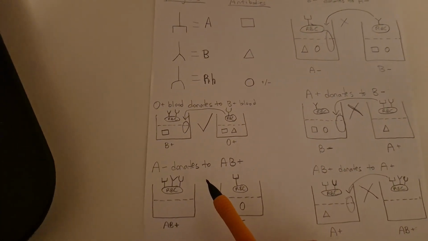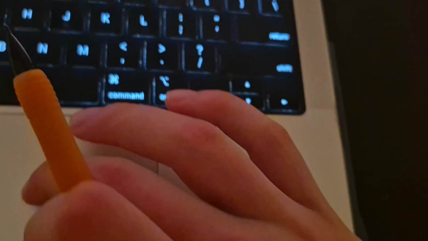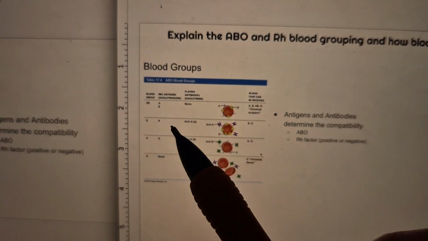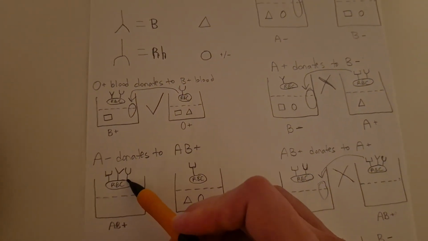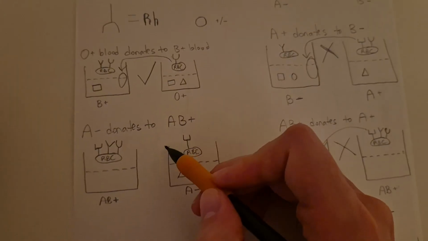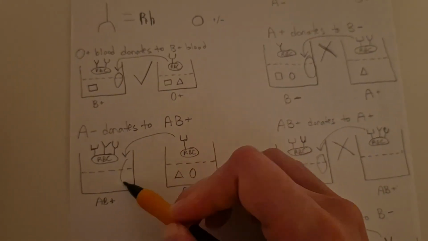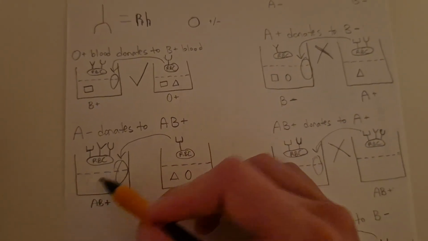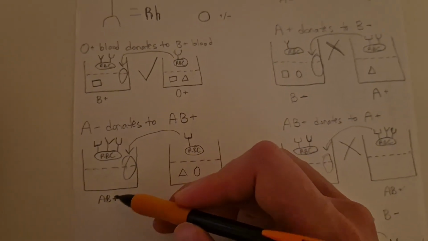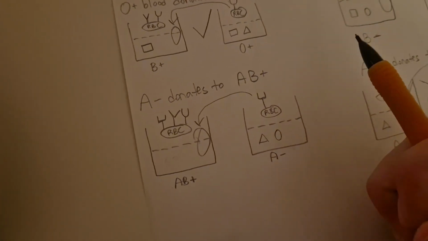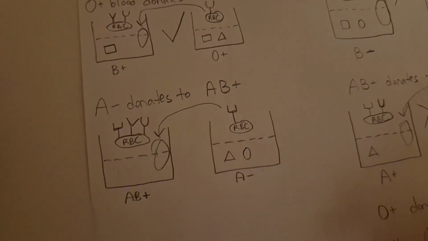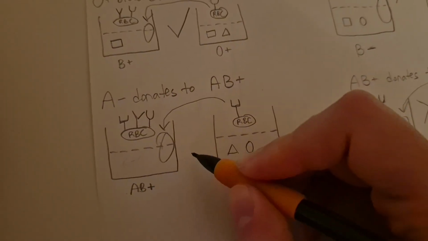So the AB blood has no antibodies on it, as we can see right here, and it has the Rh factor, so this antigen is on the RBC right here. So if we try to donate this blood over to here in the solution, there's no antibodies here, so that's perfect. In fact, AB blood is known as the universal recipient, while O blood is known as the universal donor. That's just a fun fact. But anyway, this transfusion is a success.